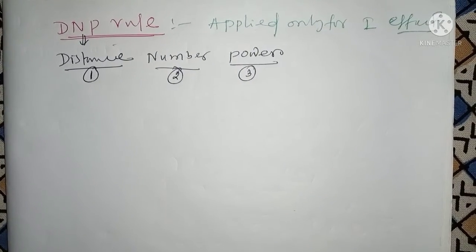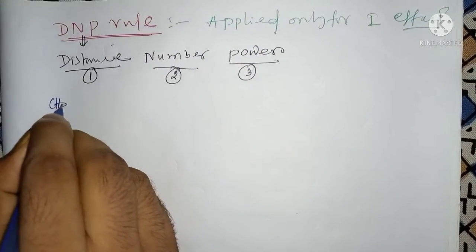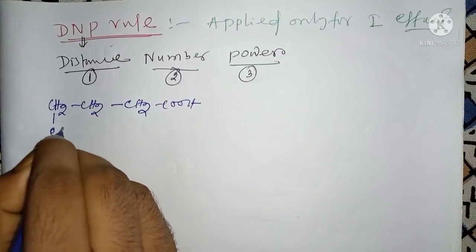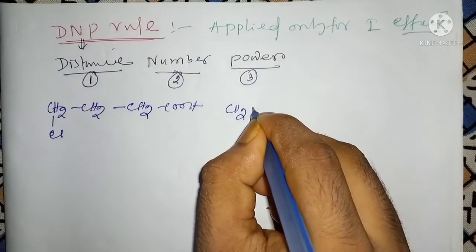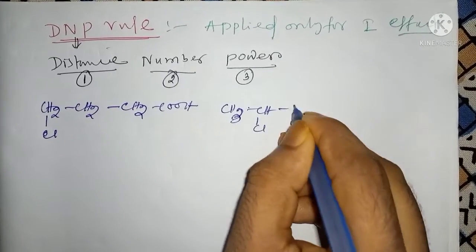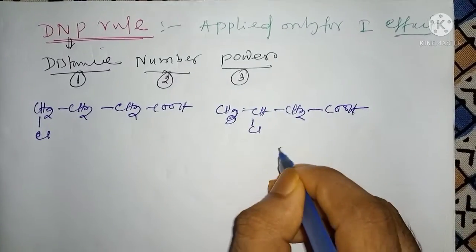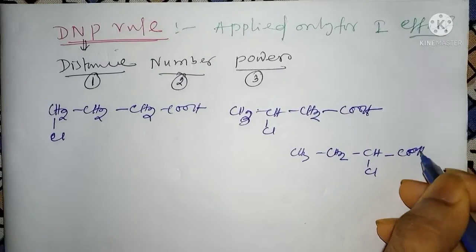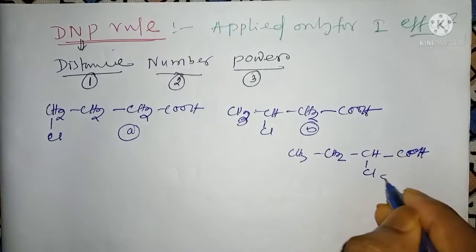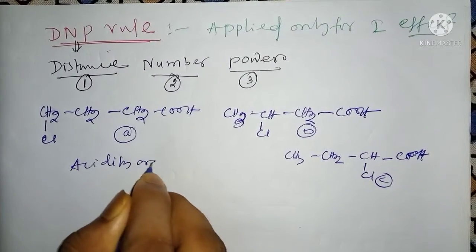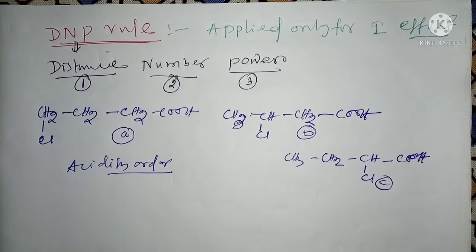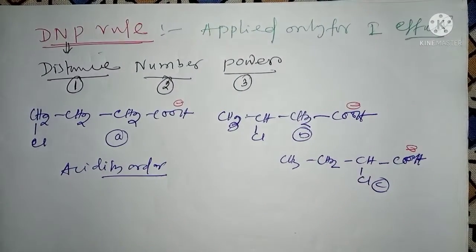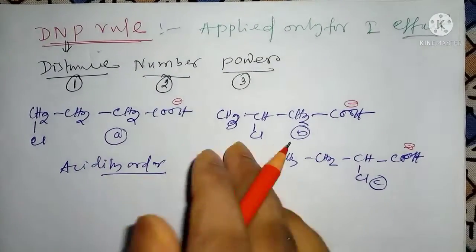Now an example: CH2ClCH2COOH, CH3CHClCOOH, and CH3CH2CHClCOOH, with Cl at different positions. These are A, B, C. Acidity order? Acidity means removal of H plus, forming the O negative conjugate base. For the stability of the conjugate base, Cl shows a minus I effect.